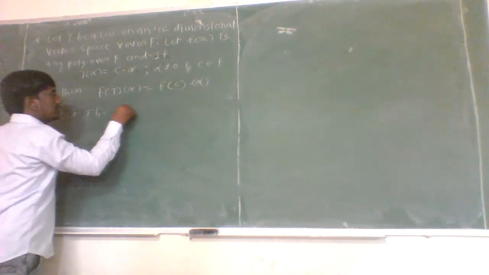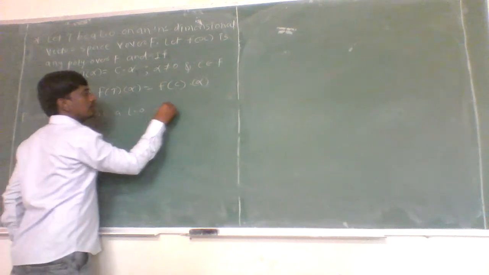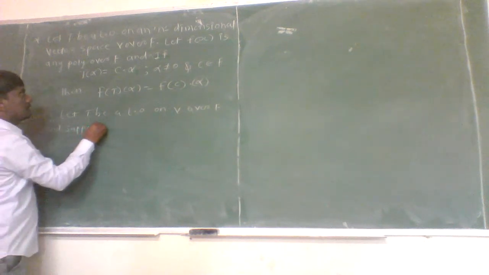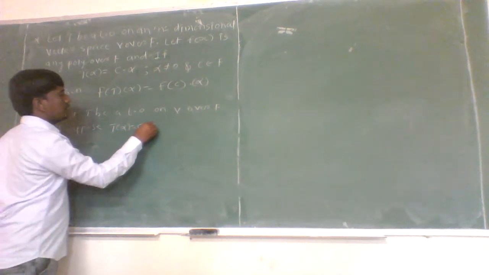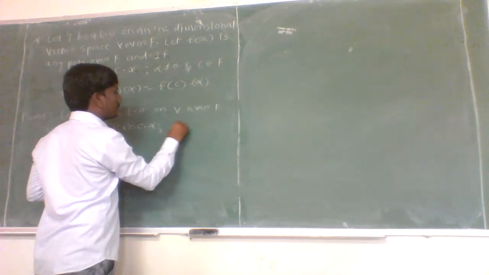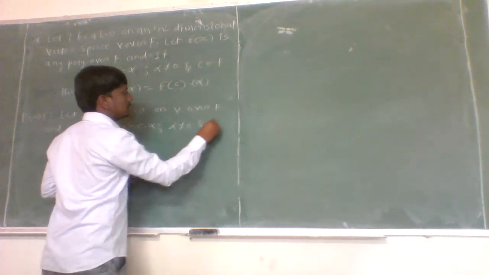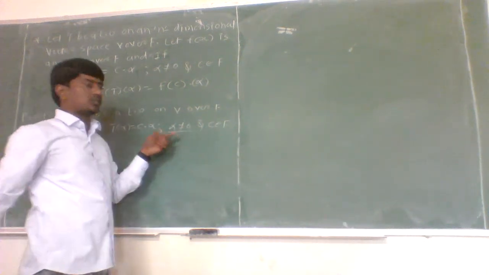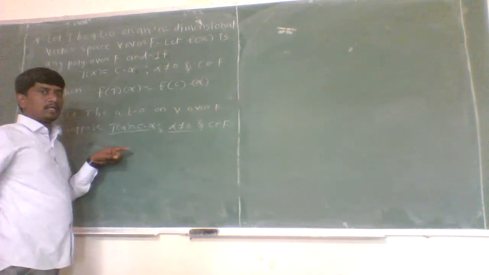Given that T is a linear operator on V over F, where V is an n-dimensional vector space. Suppose T(alpha) is equal to c into alpha, where alpha is not equal to 0 and c belonging to F. Then by definition of characteristic value, c is said to be a characteristic value of a linear operator T if there exists an alpha not equal to 0 such that T(alpha) is equal to c alpha.